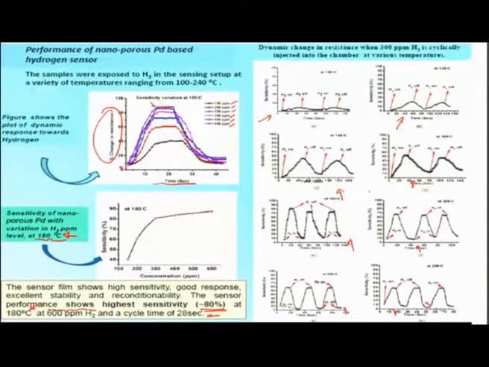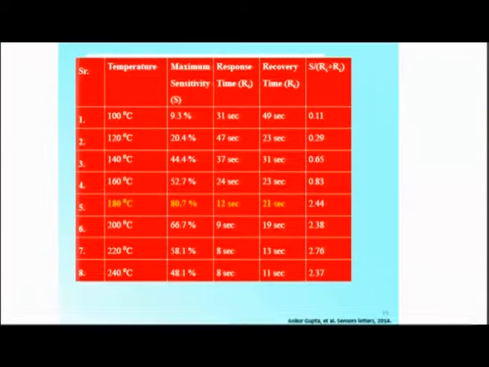All these different plots suggest that around 180 degrees the change is maximum. The other thing we can see is that the recovery, because of the highly porous nature, more or less baselines to the same level as the hydrogen is switched off, although there is some time cycle involved in the desorption process, so that hydrides can convert back into near pure palladium, where the resistance would again be back to the baseline value.